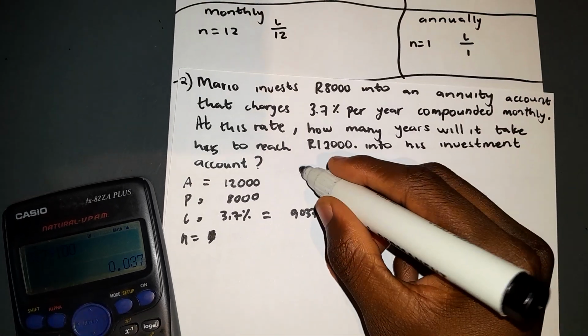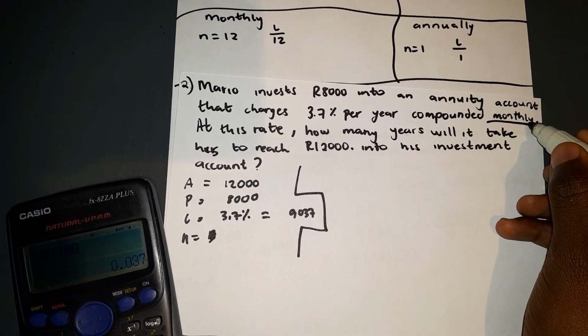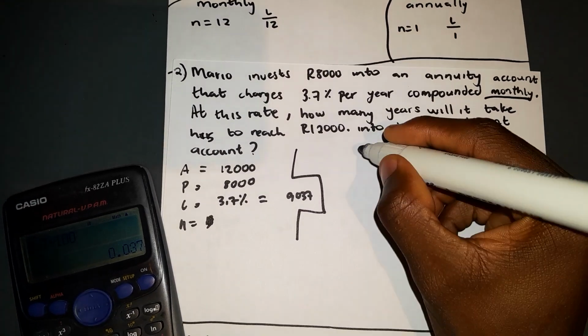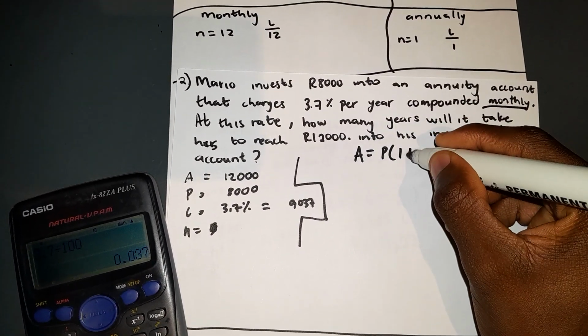And it's compounded monthly, so keep that in mind. So now let's try solving for the number of years.